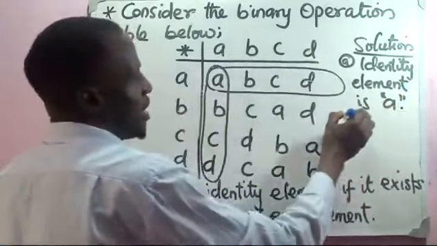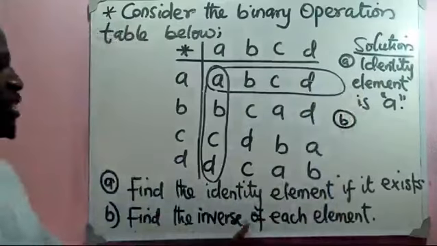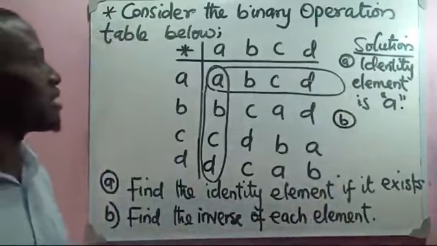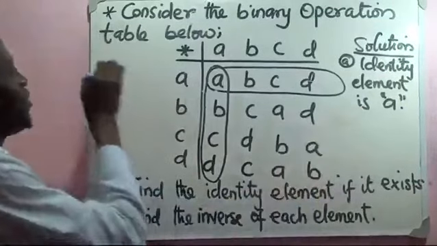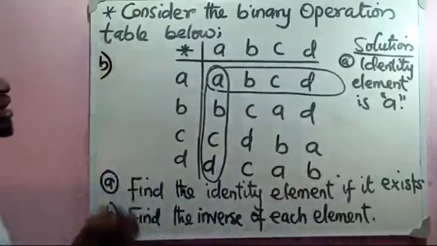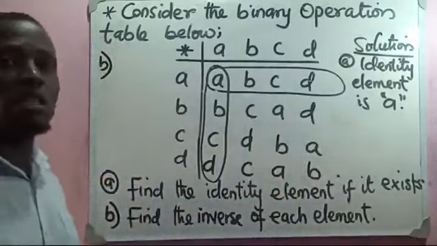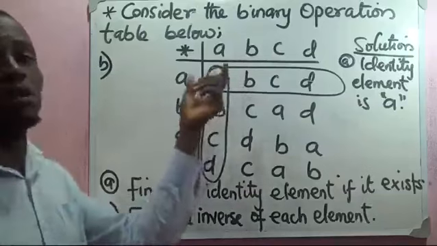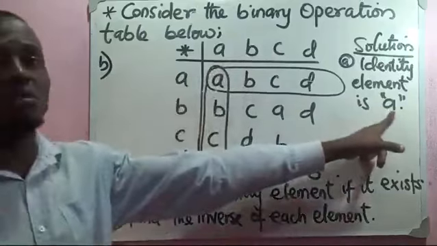We have answered A. Then the big part of the question is find the inverse of each element. Maybe I should do the inverse here. Find the inverse of each element. B. The inverse of each element now is those elements in the first border and second border that came together to give you the identity element.